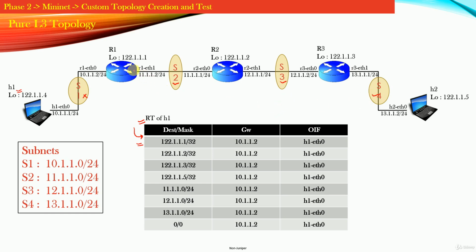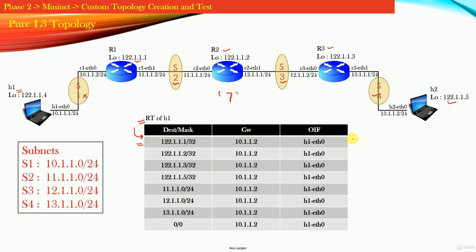The loopback address of the router R1 is also a remote subnet with respect to H1, and so are the loopback address of the router R2, the loopback address of the router R3 and the loopback address of the host machine H2. If you count all of these, there are 7 remote subnets with respect to the host machine H1 in this topology.